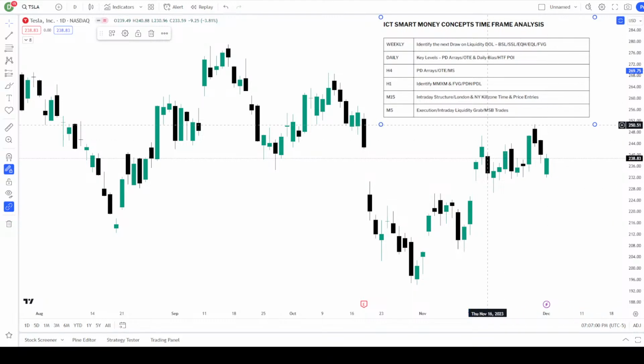Again, welcome. So on that website, I grab the snippet tool, I grab my smart money concepts time frame analysis right from that website, and I post it directly into my chart, so that when I'm setting up my chart for the week ahead, and this is how to do this without any indicators, the things I'm looking for are already here on the chart, so I can easily chart those. So we're going to be doing this with Tesla.